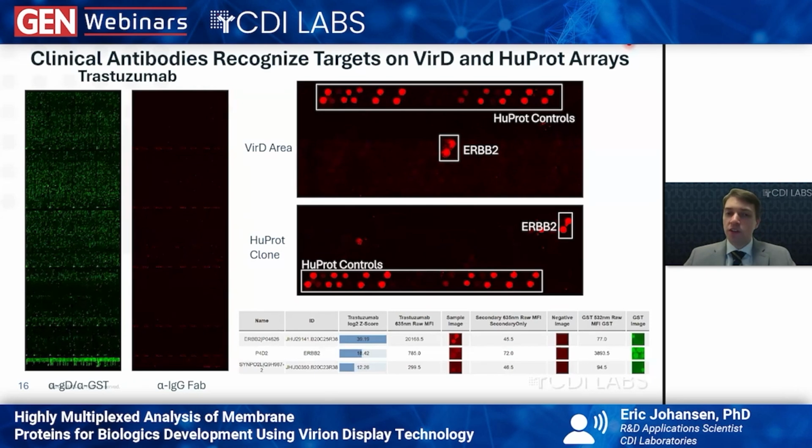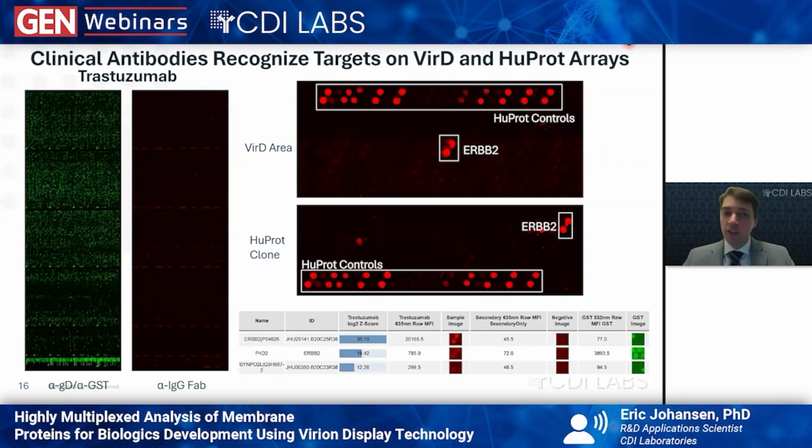It is worth noting, as previously mentioned, that the virion display is meant to complement what our HuProt collection may not have properly expressed or filled, since those are using detergents in order to purify them from yeast. Virions do not require any type of purification or detergent method, so they are being presented very well endogenously.